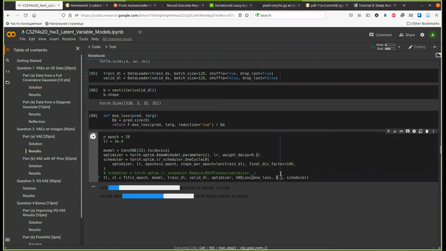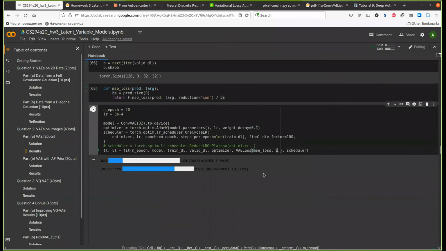There are a couple of papers talking about that modification, and it is called the beta VAE. All they introduce in a practical sense is this hyperparameter, the weight of the KL divergence component.